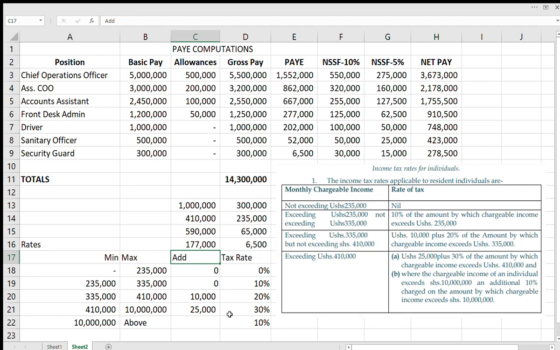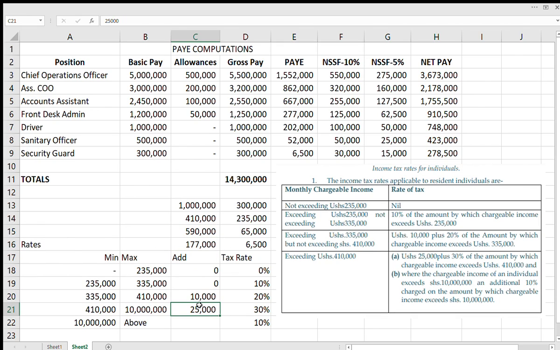How much would it be? The amount from it is 177,000. That is 30%.